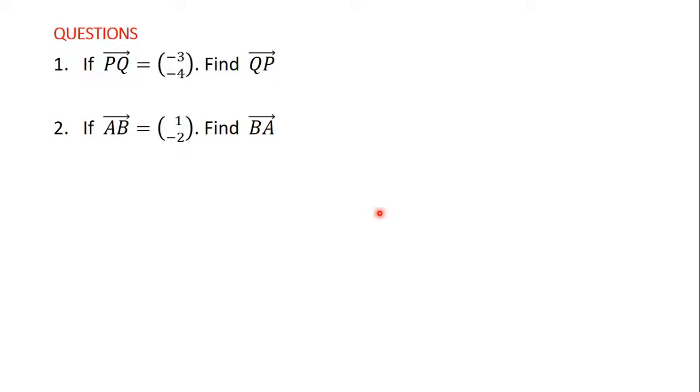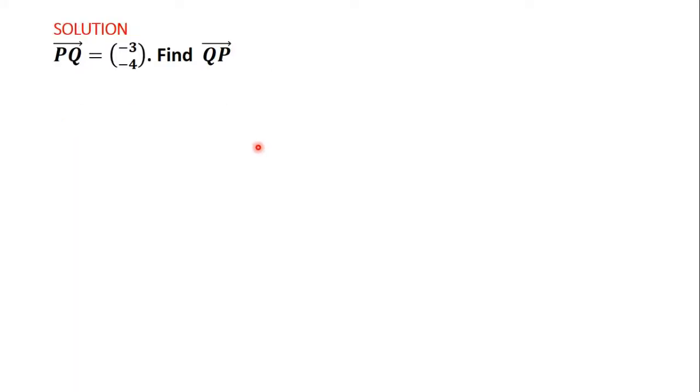Let's solve these questions. If PQ is equal to minus 3, minus 4, find QP. And if AB is equal to 1, minus 2, find BA. Let's pick the first one. If PQ is equal to minus 3, minus 4, find QP. We know that QP is equal to minus PQ because QP is the inverse of PQ.